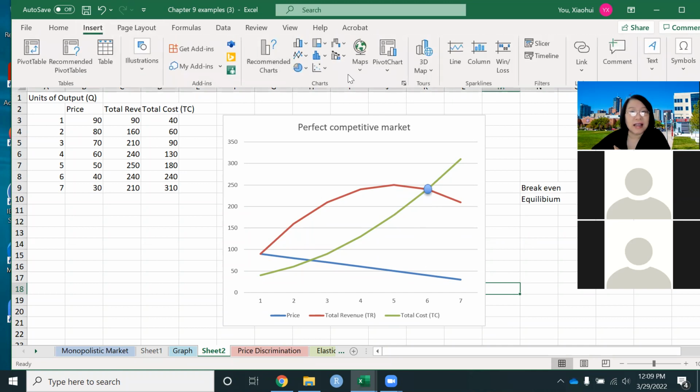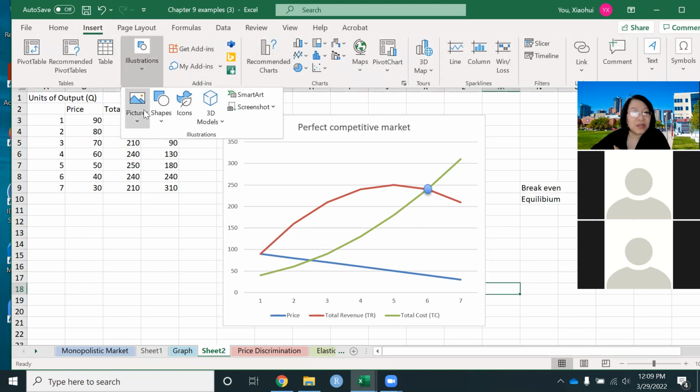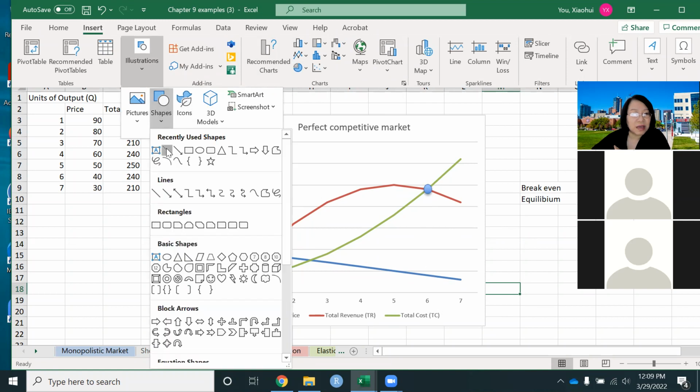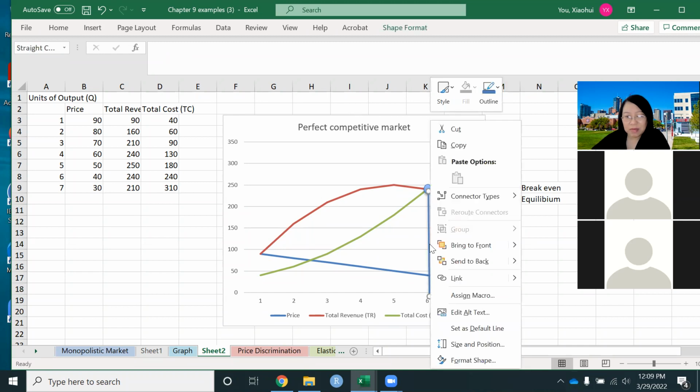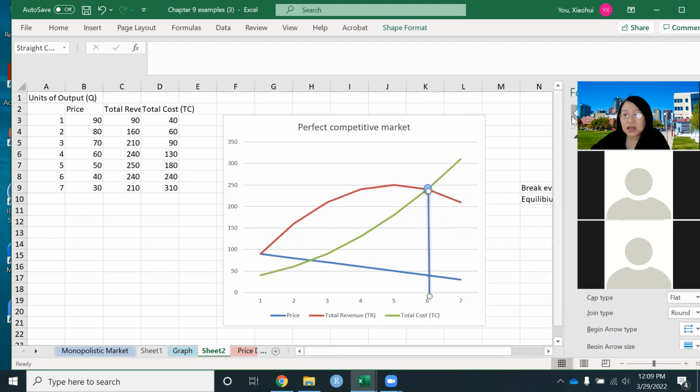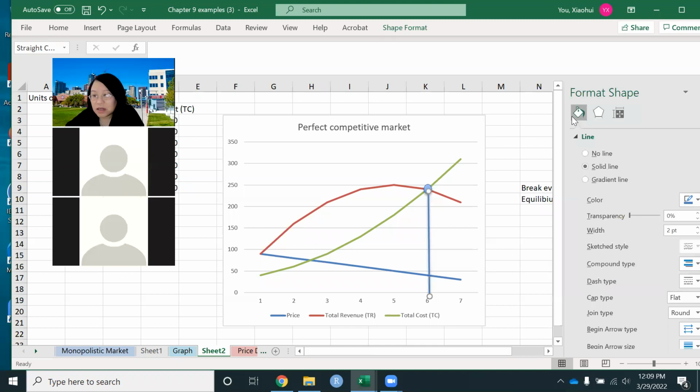Let me insert a line. Illustration shapes, it's line. If I add a line and then do a perpendicular line, let me make it a dashed line.